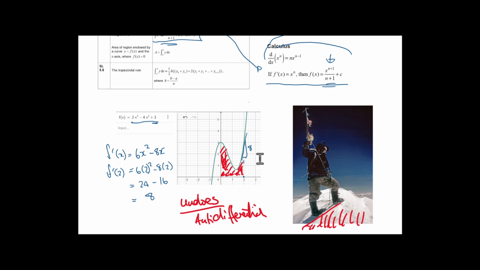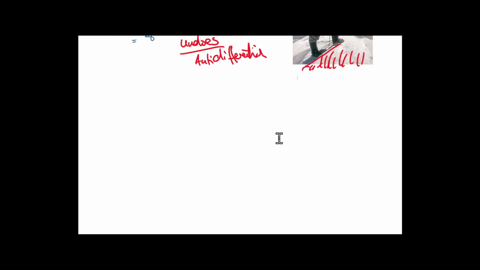Okay, so let's have a look to see what the mechanics of that actually are. And I'm going to change color from that pretty obnoxious red there to blue. So if we have the differential function and we want to integrate it, say the differential function is, let's say, ax to the power of n.